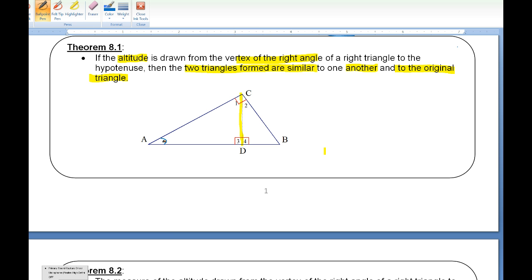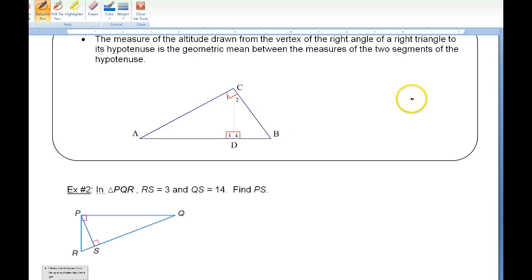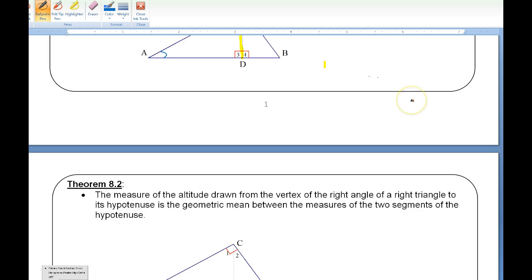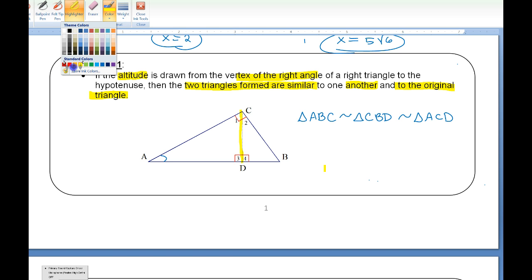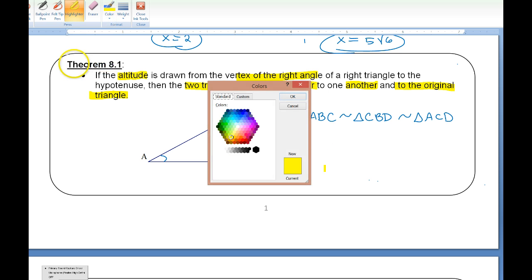Actually, let's start with triangle ABC. Triangle ABC, which is the big triangle, is going to be similar to triangle CBD and also similar to triangle ACD. If we were to trace over these, we can really see.